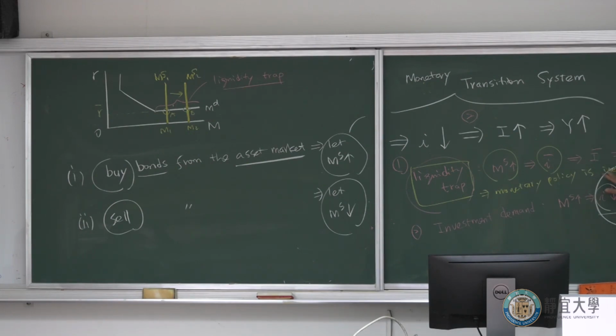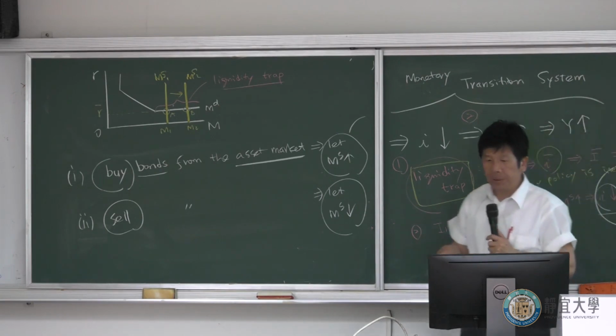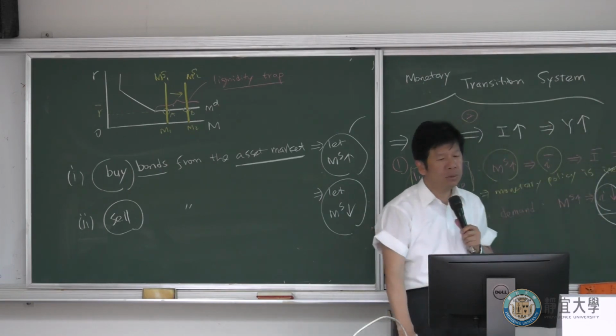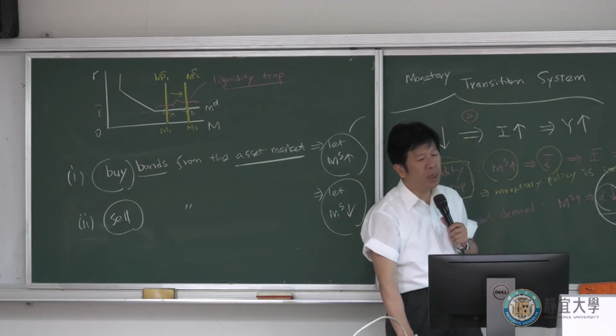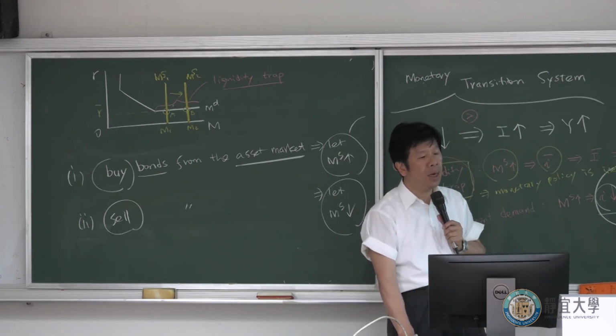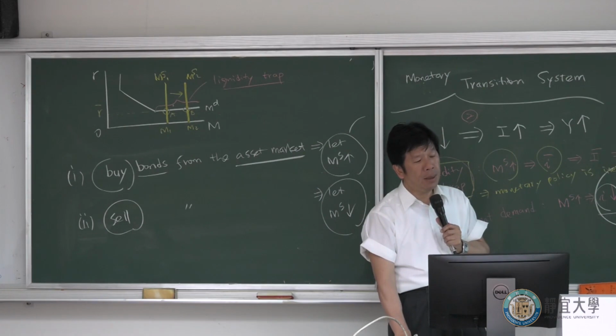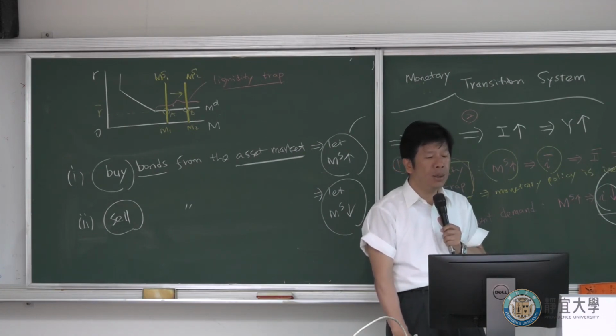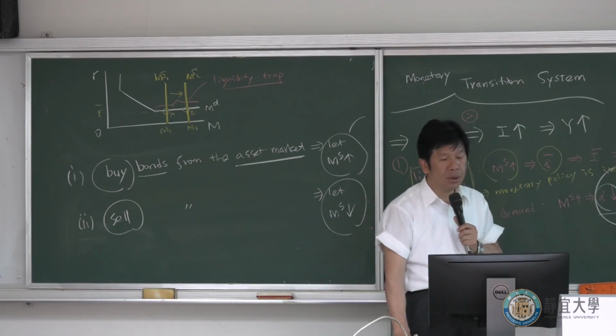Sometimes you need to see effective or ineffective: if we write ineffective, it is not useful; effective is useful. The liquidity trap implies the LM curve is horizontal.